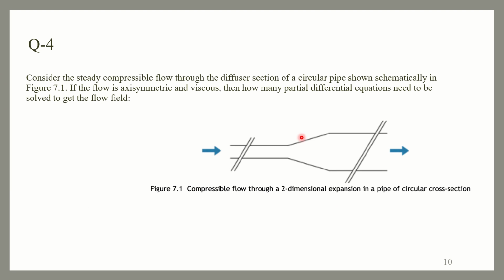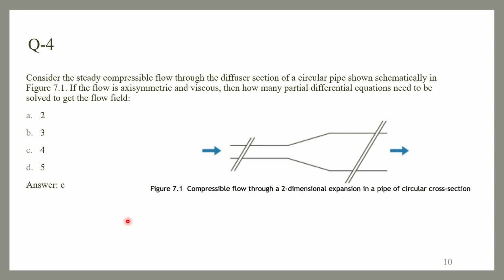If the flow is axisymmetric and viscous, then how many partial differential equations do we need to solve to get the flow field? It is mentioned that it is a compressible flow and the flow is axisymmetric and viscous. So option A 2, option B 3, option C 4, option D 5.